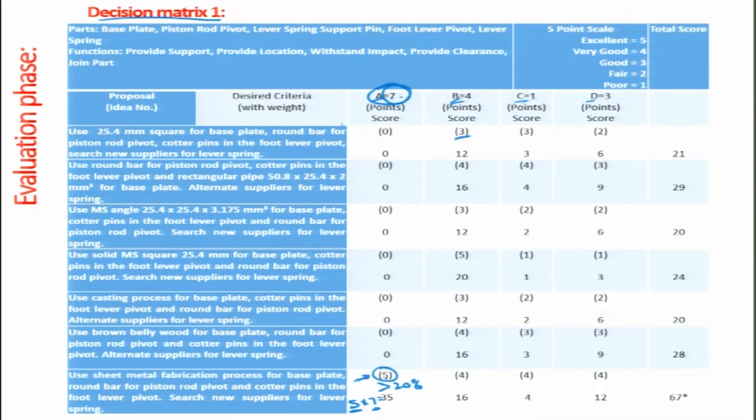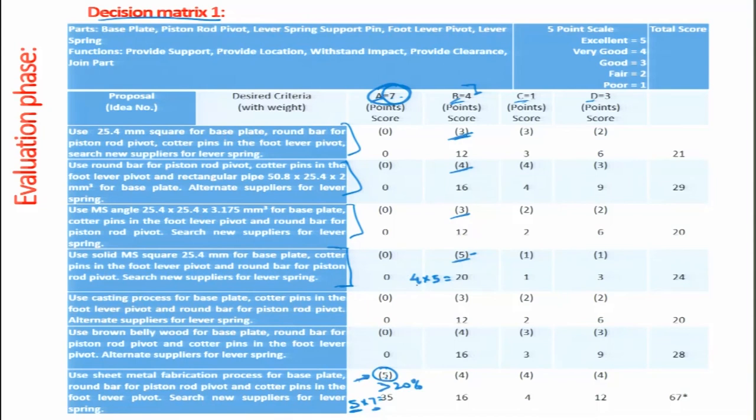For this idea, what is the durability? For this idea, the durability is given the point 4 out of 5. For this idea, durability is given point 3 out of 5. This is a very durable idea, and it is given point 5. Again, this is a subjective rating given by experts. Now, 5 into 4 is equal to 20.